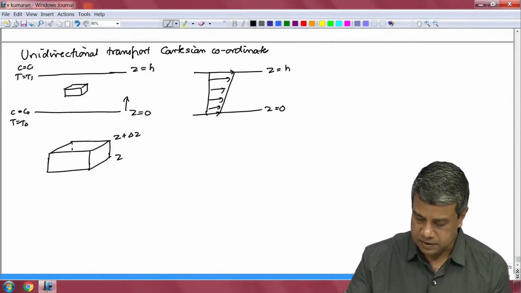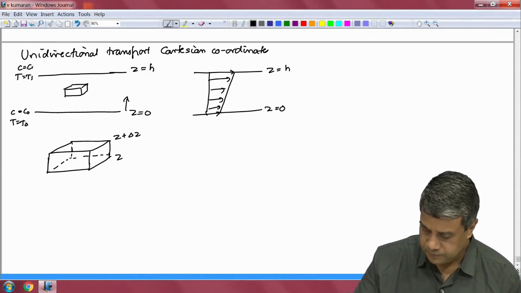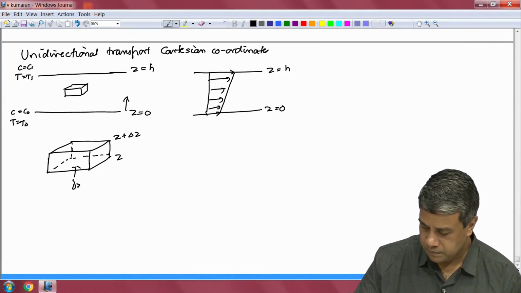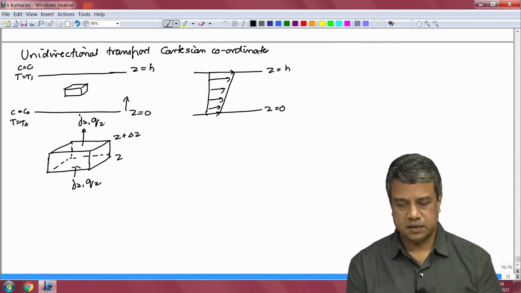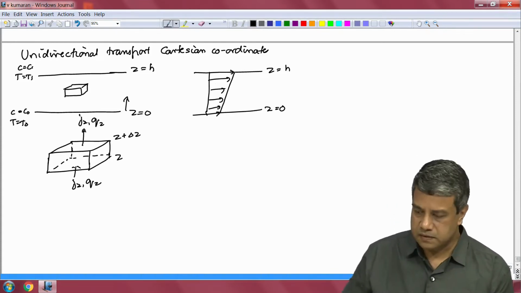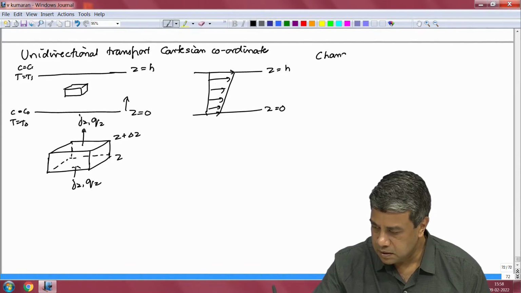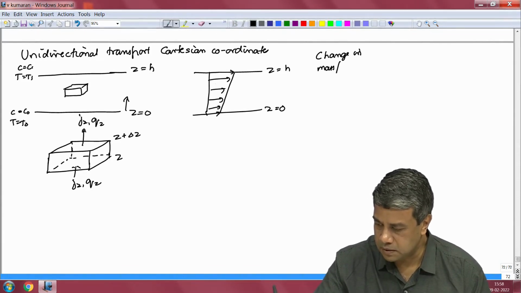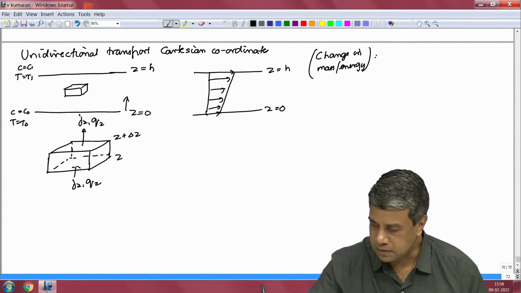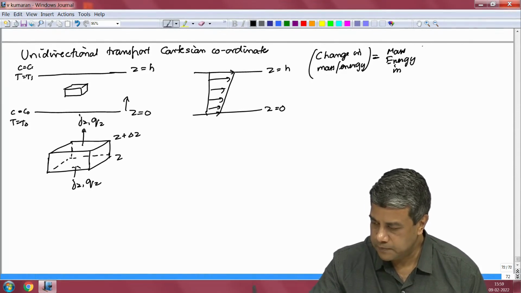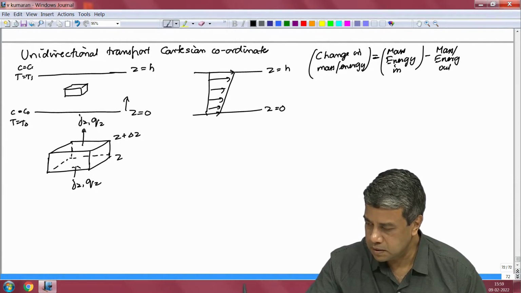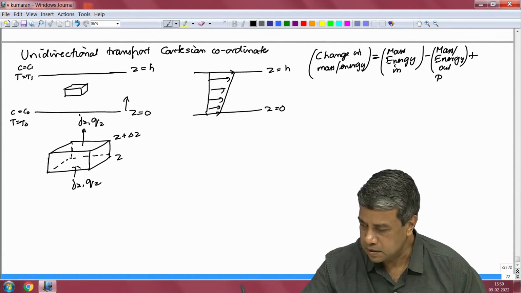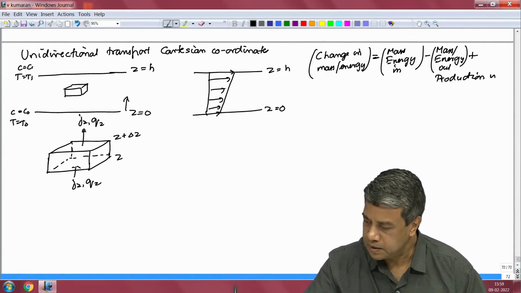Of the fluxes at these two different locations, and the basic conservation condition is that change in mass or energy is equal to mass or energy in, minus mass or energy out, plus production in the volume.